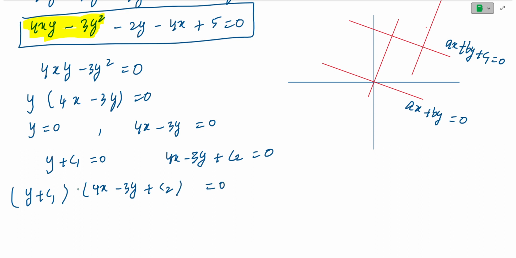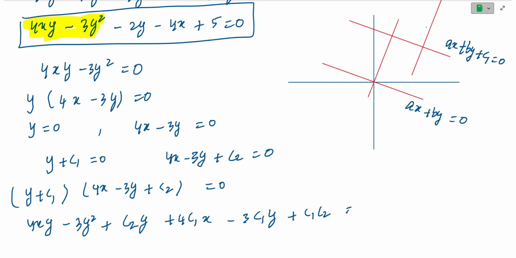Multiplying term by term, we get y into 4x, that is 4xy; y into minus 3y, that is minus 3y square; y into c2, that is c2y; c1 into 4x, that is plus 4c1x; c1 into minus 3y, that is minus 3c1y; and c1 into c2, that is c1c2, is equal to 0.